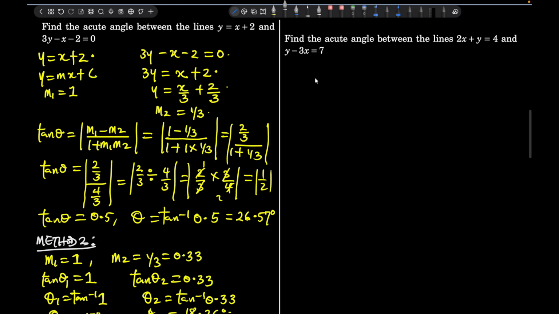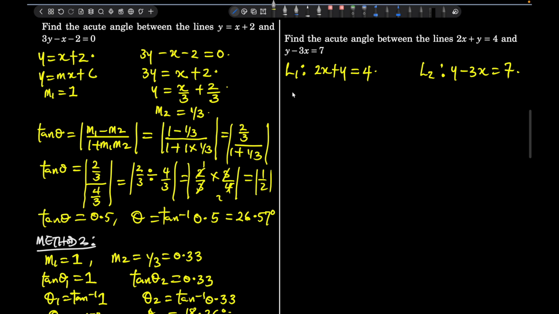Okay, the first line, line 1, says 2x plus y is equal to 4. Line 2 says y minus 3x is equal to 7.